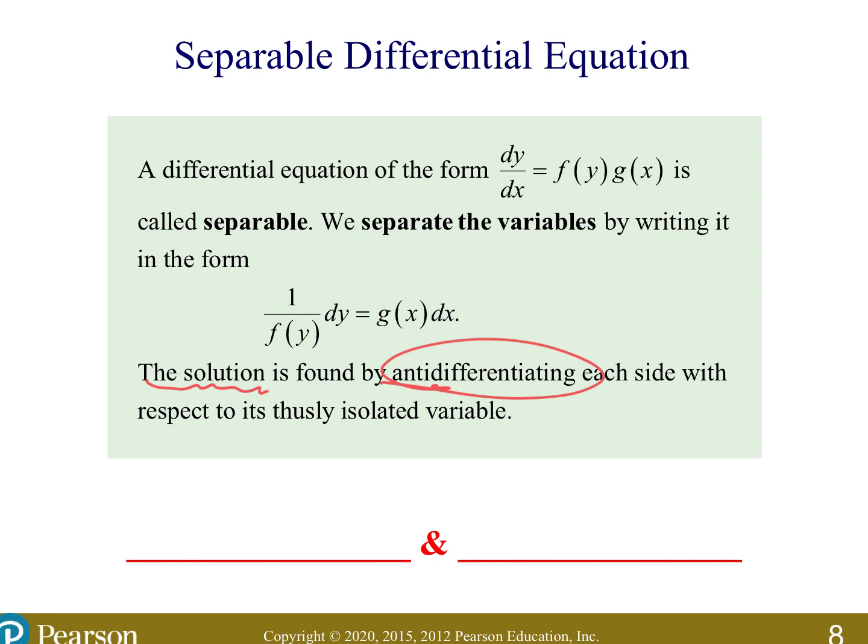That means you've just done the isolation part, and so you're going to do the antiderivative of both sides. One side will have an antiderivative with the variable x. The other side will have an antiderivative with the variable y. So just to recap: separate, followed by integrate. All right, let's do it.